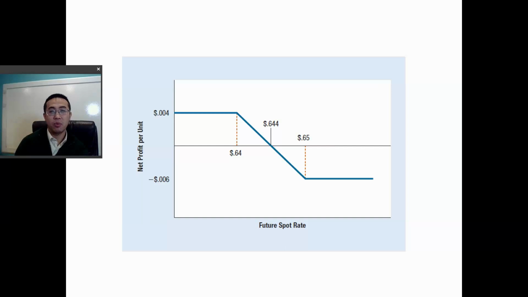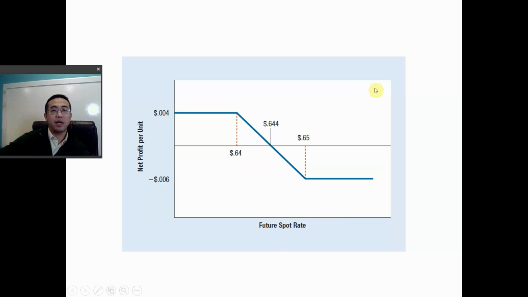And one is more expensive, one is cheaper. The cheaper one has a larger loss zone. And also for bear spread, it makes more money for you when the rate is higher, but it's not as much as buying a single call option.